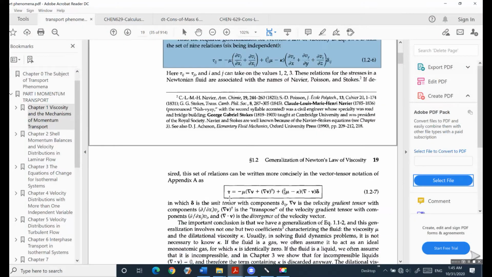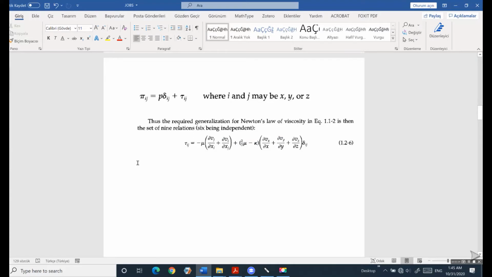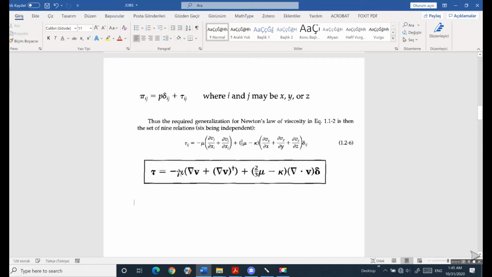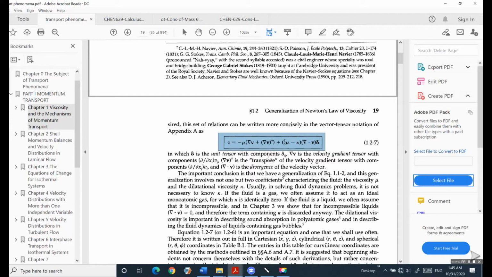We also obtain here the closed form of Newton's law of viscosity. We know mu is the viscosity and v is the velocity vector, and kappa is another type of viscosity, and so on. We define here the unit tensor, the velocity gradient, the transpose of the velocity gradient tensor, and the divergence of the velocity.